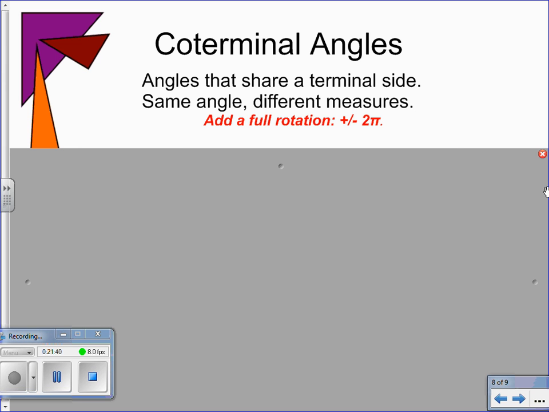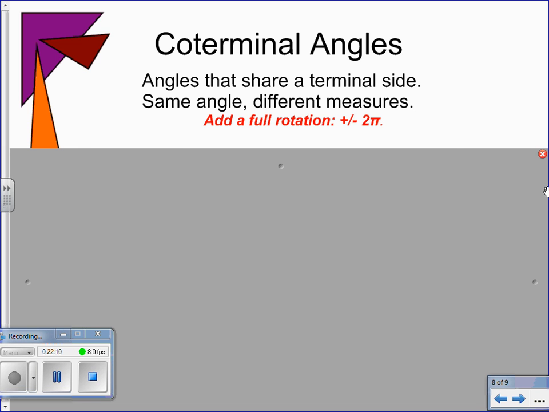Coterminal angles are angles that share a terminal side. If you're sharing an initial side and you're sharing a terminal side, then you're the same angle. You're maybe just different measures. That definition of coterminal is the same from yesterday.